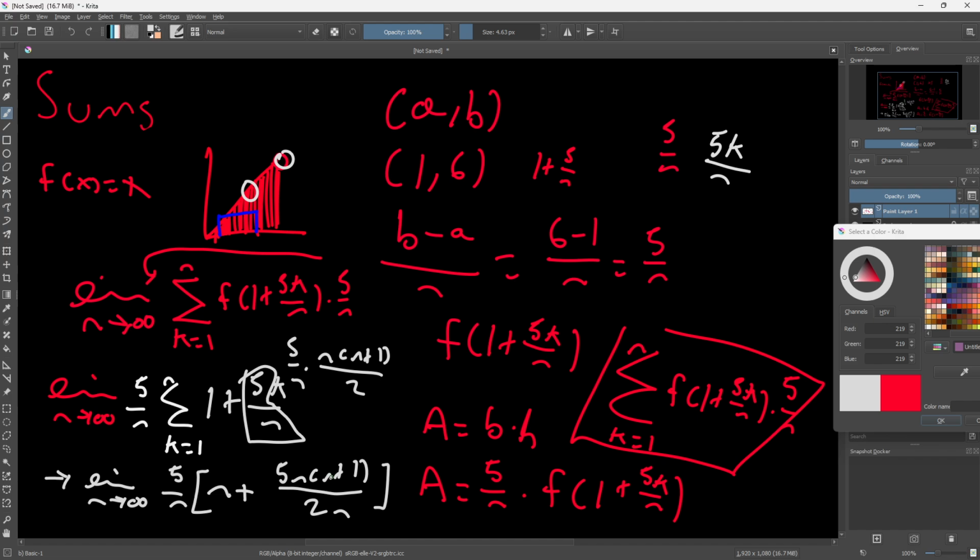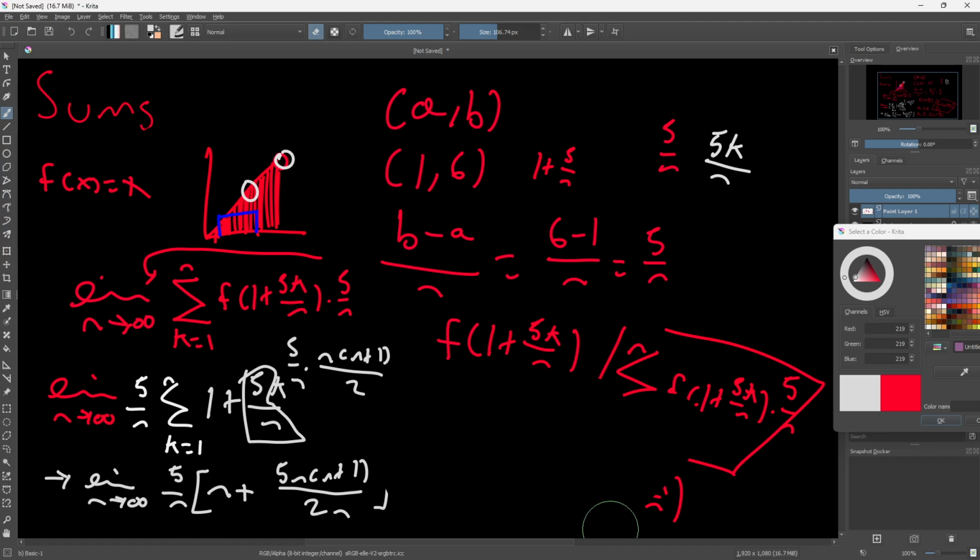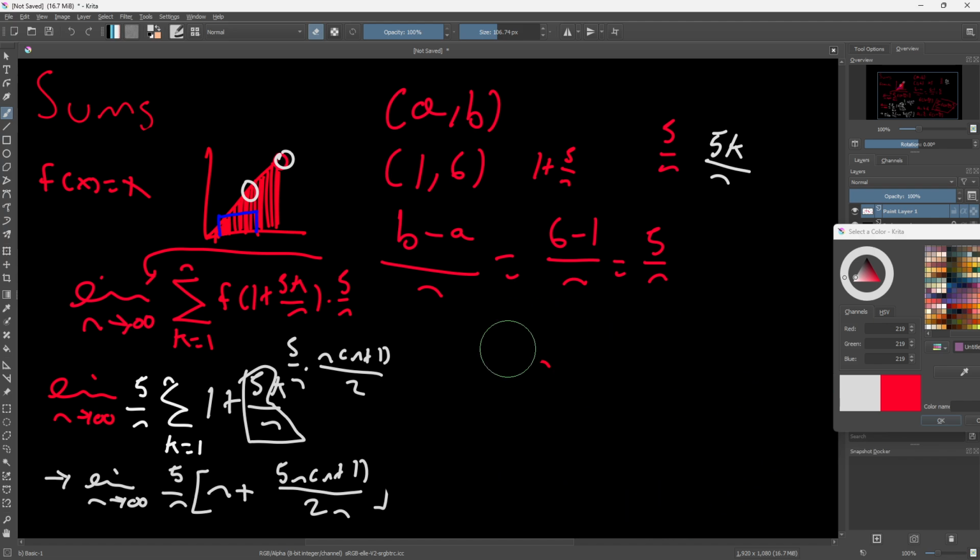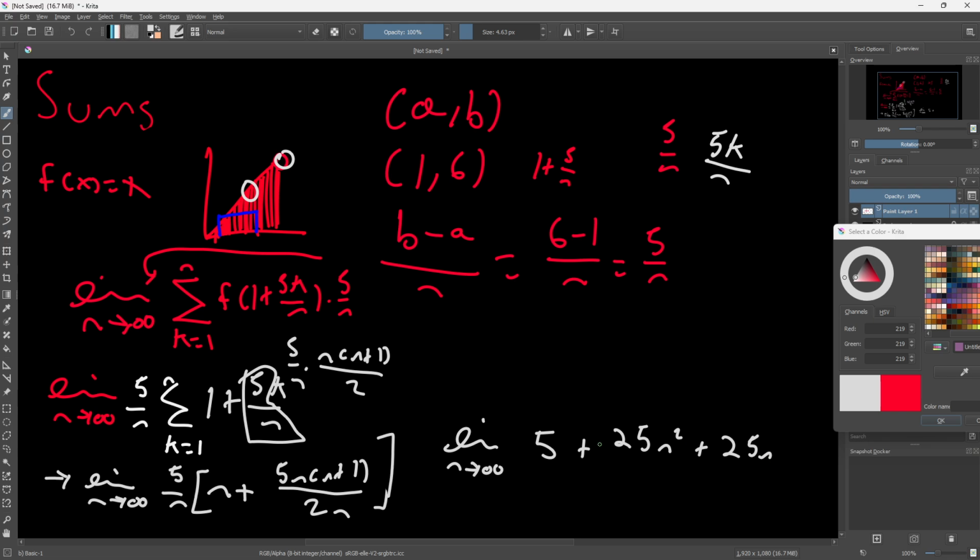Okay, so now how do you evaluate this limit? Well, let's get rid of some of this for space. To evaluate this limit, let's remember the limit rules. So you go to the limit as n goes to infinity. You should distribute the 5 over n, so this would be 5 plus 25n squared plus 25n over 2n squared.